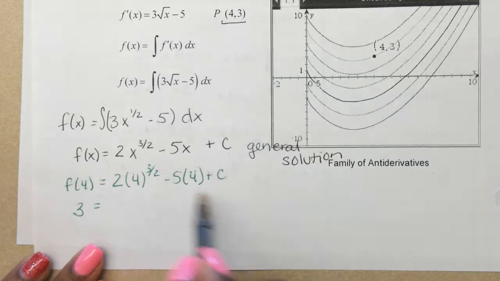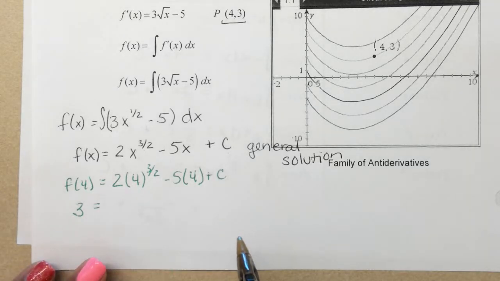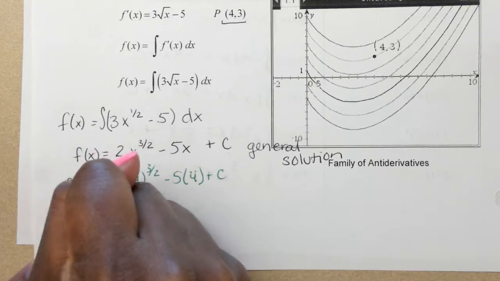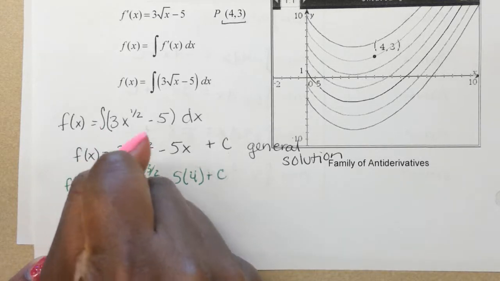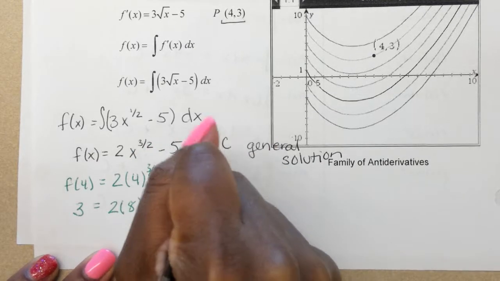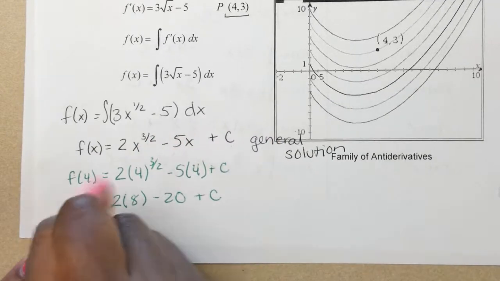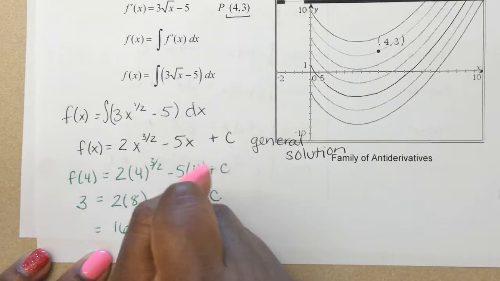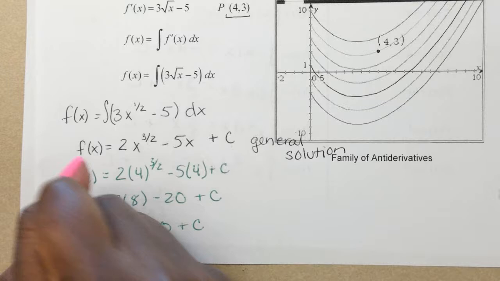So 3 equals 2 times 8 minus 20 plus c, which is equal to 16 minus 20 plus c.